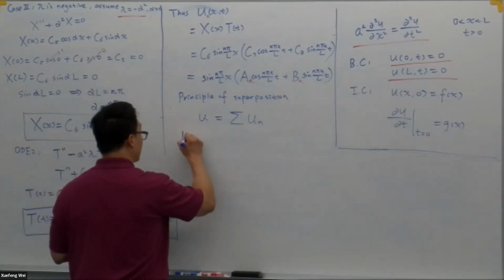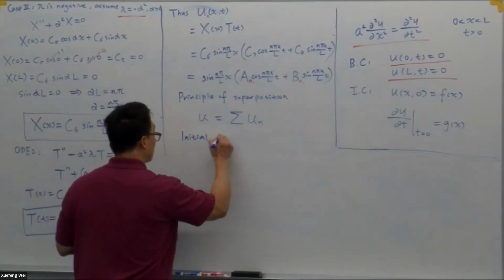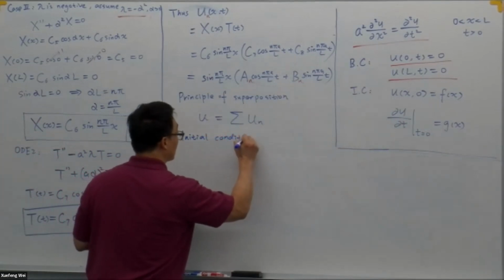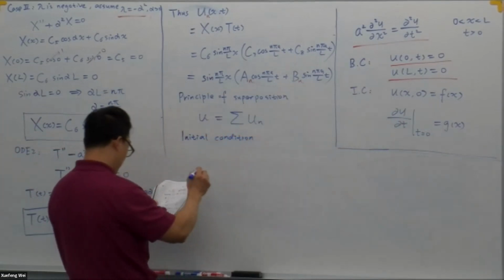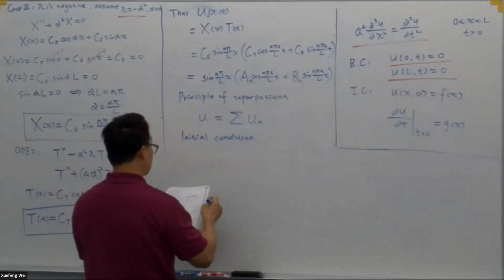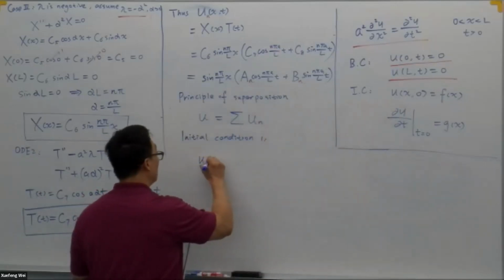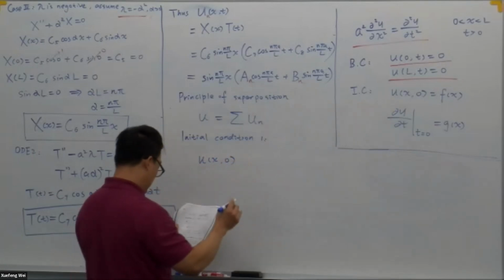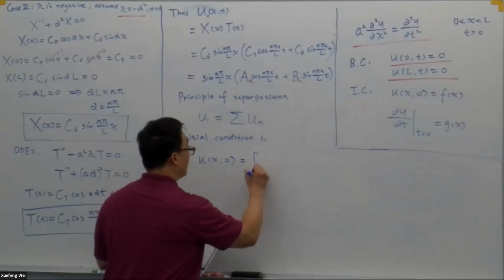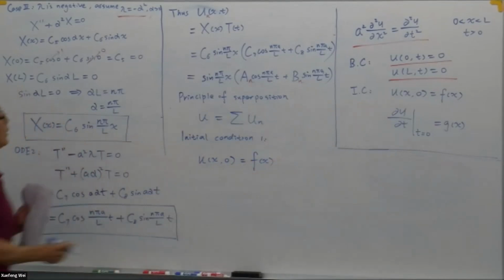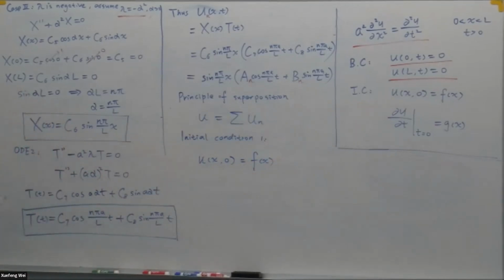There are 2 initial conditions. Let's look at the first one. Initial condition 1 is u(x,0) equals f(x).